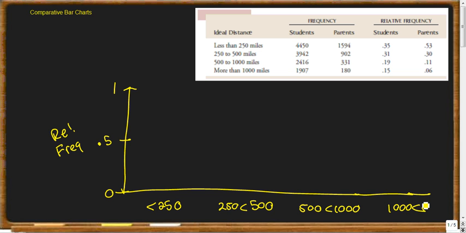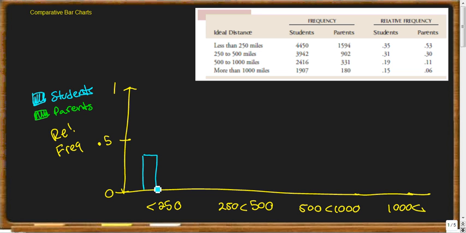So we're going to make these, and we're going to draw in these two different ways. So we'll call students blue, and we'll call parents green. So we'll go through and make the students real quick. So the students, 35% are going to be less, so we're about right here.